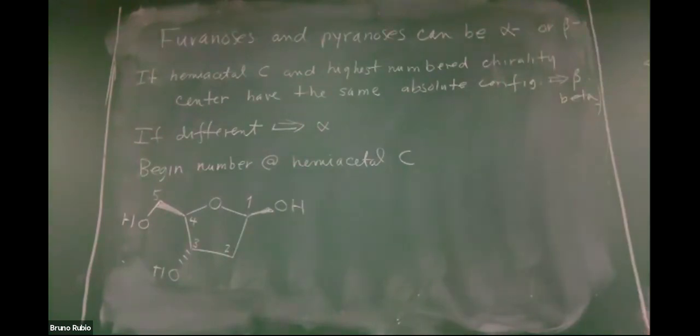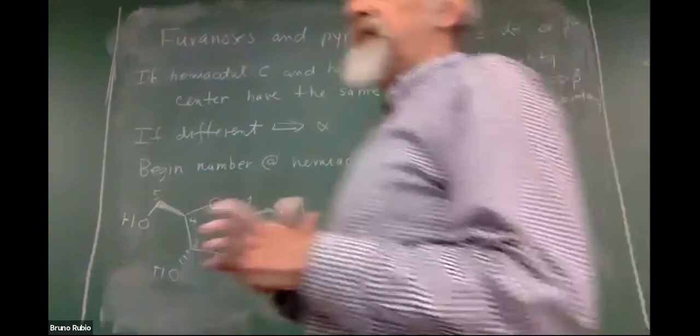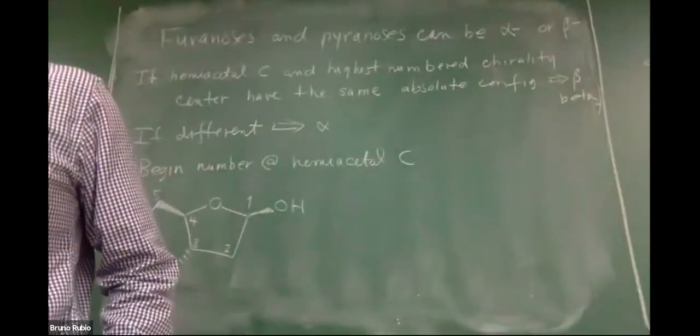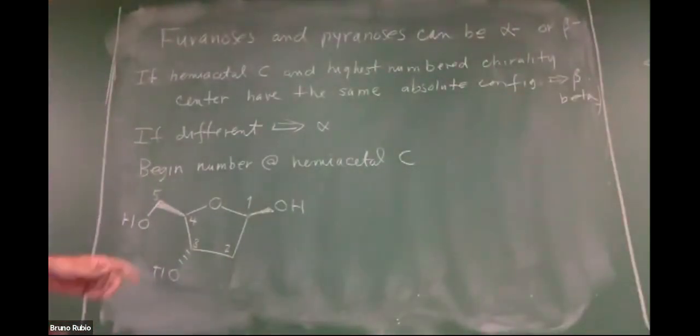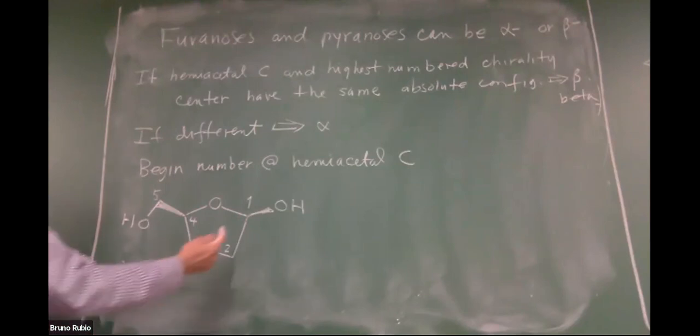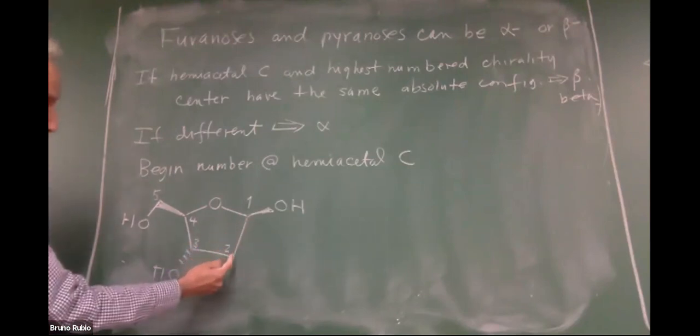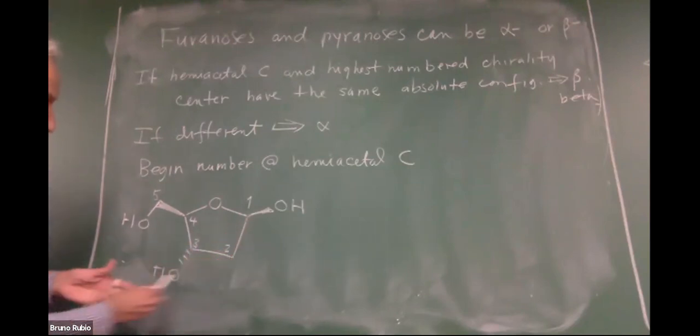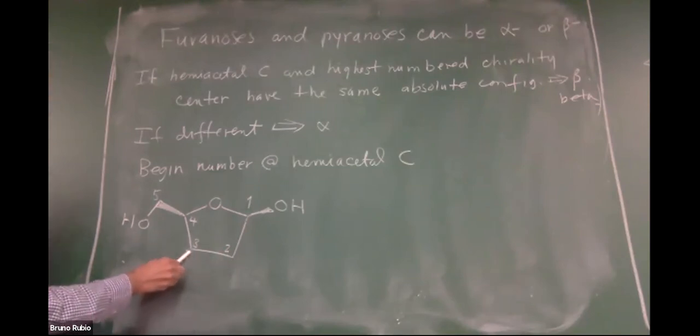Okay, now what we need to do is compare the absolute configuration of the hemiacetal carbon and the highest numbered chirality center. So there's the hemiacetal carbon. Is that a chirality center? No. Is that a chirality center?